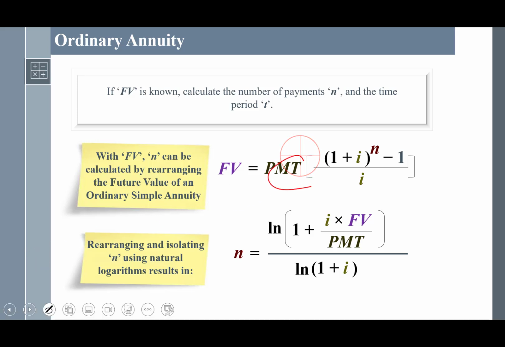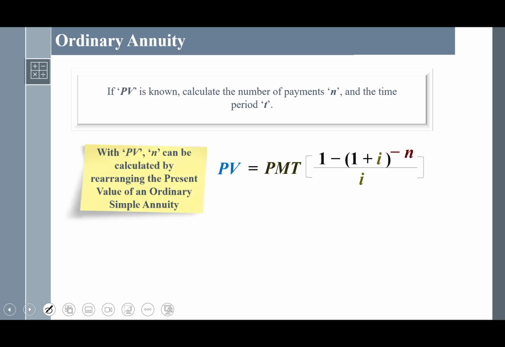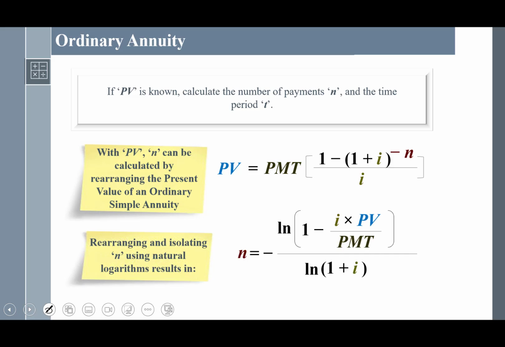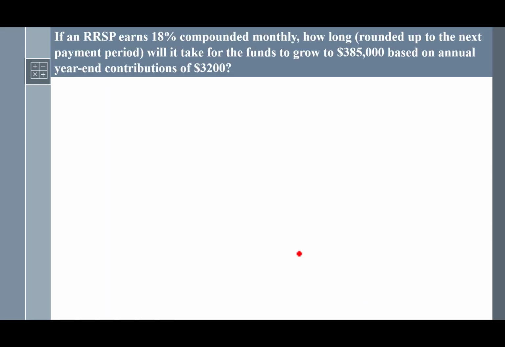We have to divide and move things around and get N out of the power. The only way to do that is using the logarithmic function. So it's a lot of work. Same with the present value. That's why the calculator is our best option.